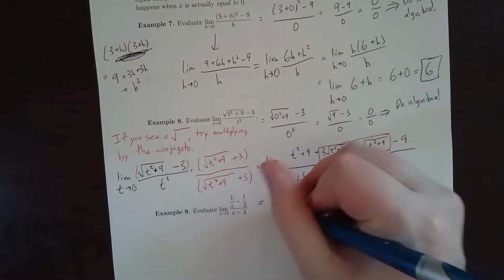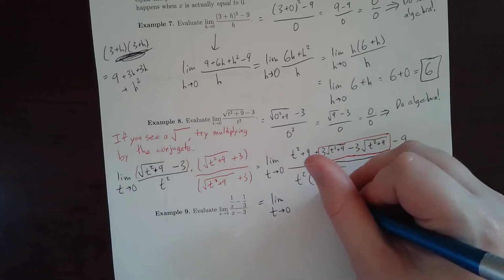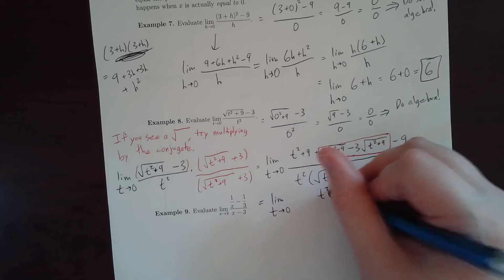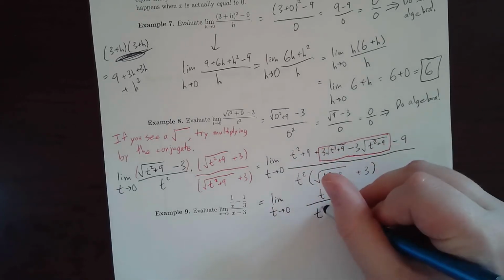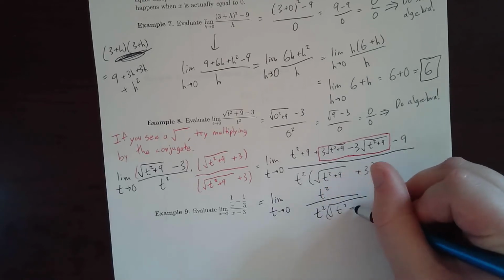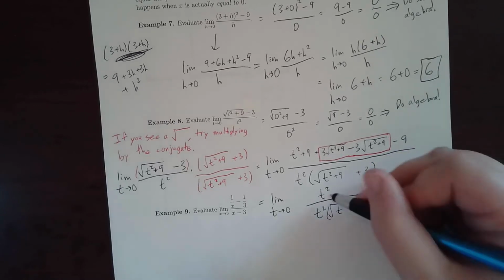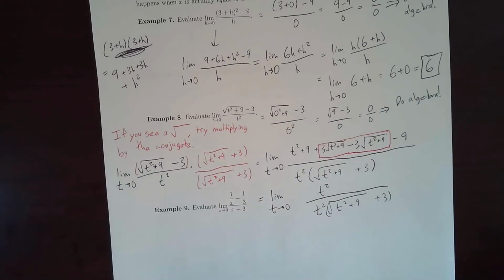And we'll be left with the limit as t approaches 0 of t squared over t squared times square root of t squared plus 9 plus 3. And so now the t squareds will get canceled.